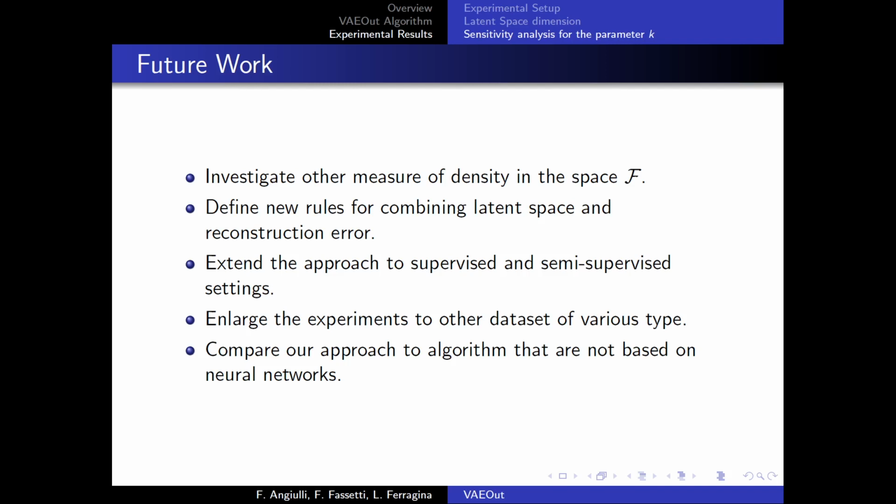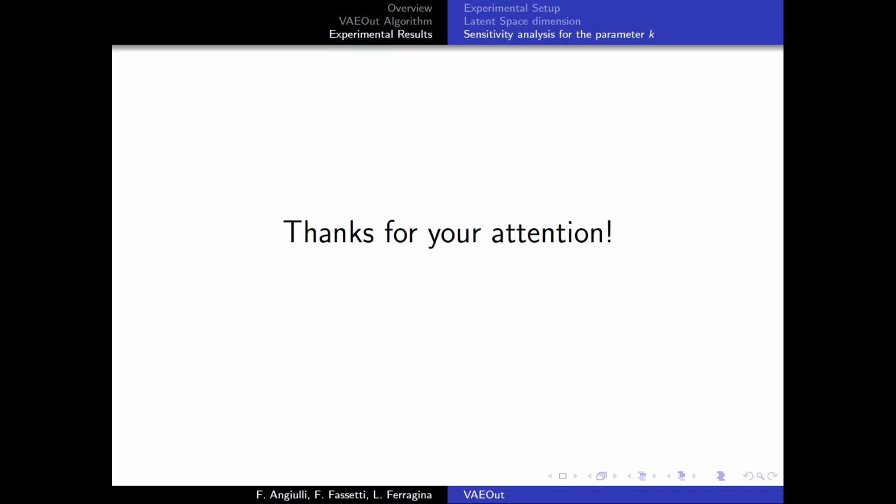Then we want to extend our approach to supervised and semi-supervised settings and enlarge the experiments to datasets of various types. And finally, we want to compare our approach also to algorithms that are not based on neural networks. With this, I conclude my presentation. Thank you for your attention.